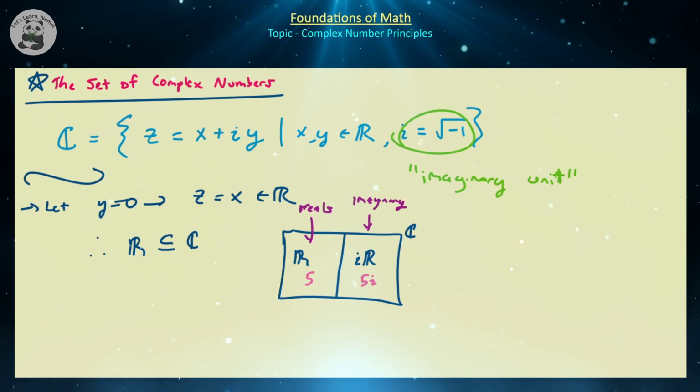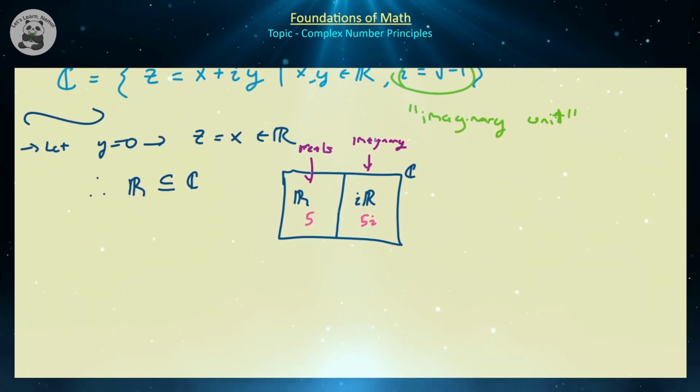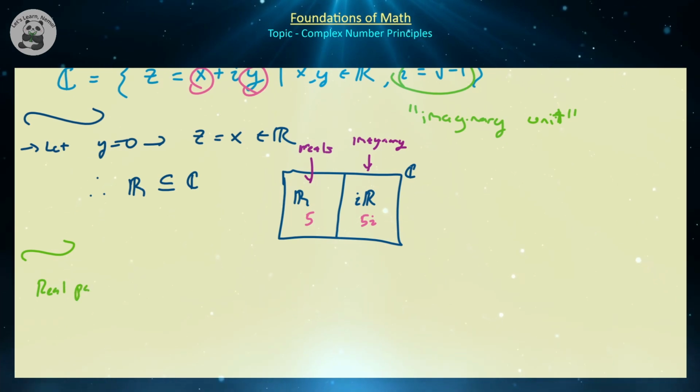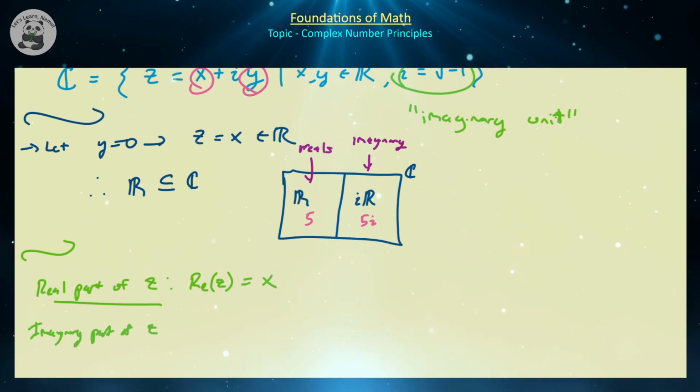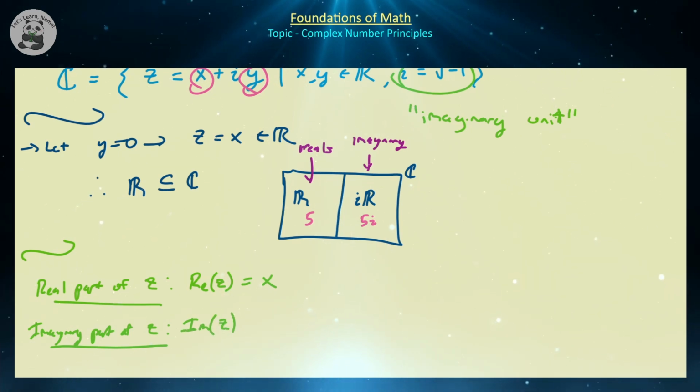Okay, so this term x is known as the real part and y is known as the imaginary part of that number. We're going to denote the real part of z by Re of z, so that's going to be equal to x. And then we have the imaginary part of z, which we denote as Im of z, so this is going to be equal to y.